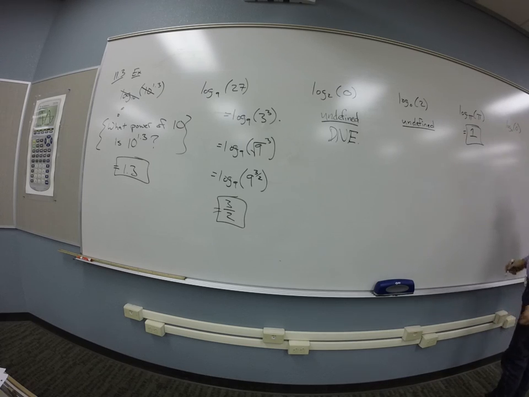So log base 0 of 0. This one's weird, right? That's annoying, because this is asking how many zeros you have to multiply together to get 0. Basically, any number of zeros multiplied together is 0. So this would be all real numbers.